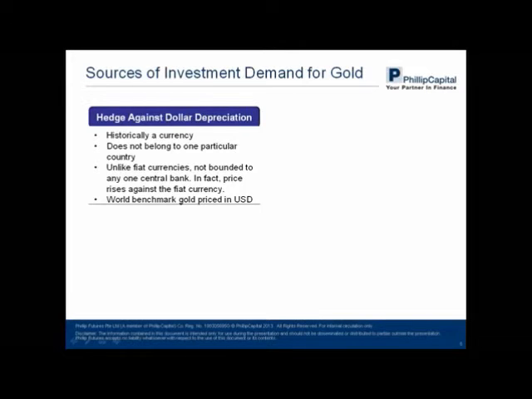Historically, from 1944 to 1971, it was the ultimate currency, as all other currencies were pegged to the US dollar, and the US dollar was pegged to gold in a ratio of 1 troy ounce of gold to 35 US dollars.